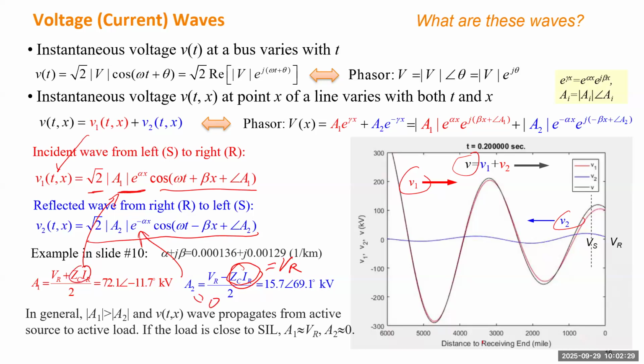So if the line is powering a surge impedance load, A2 will be 0 and A1 will be the load voltage. Which means on this chart, the blue one will become 0, and the red and black will be the same curve moving from left to right.